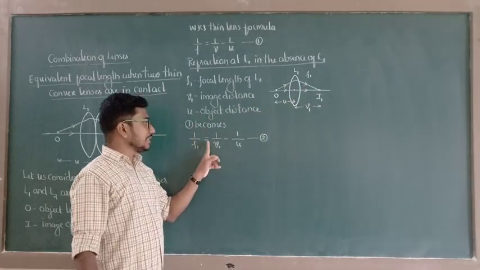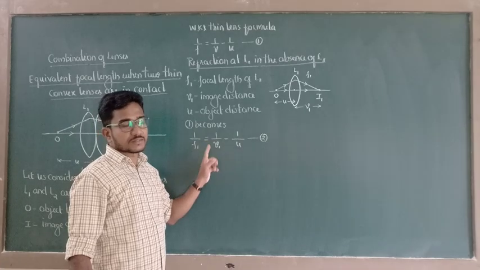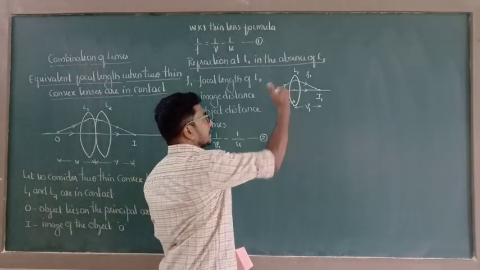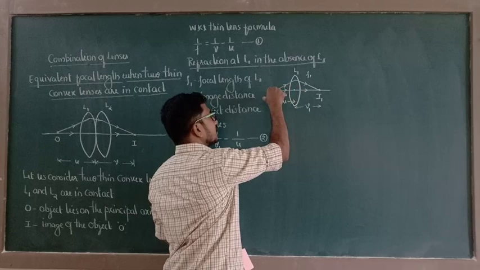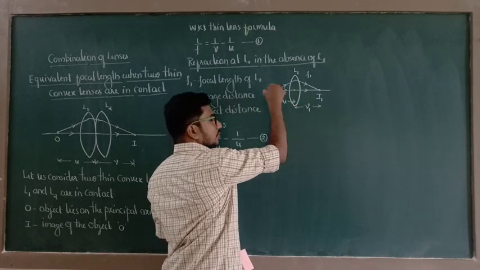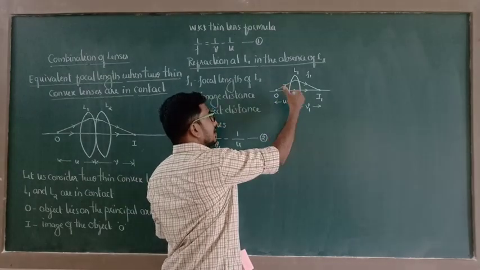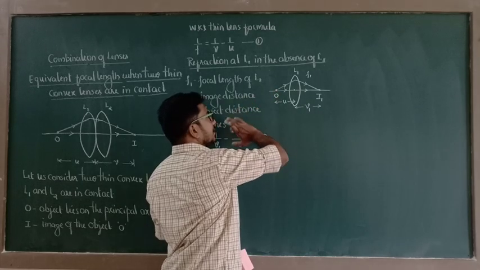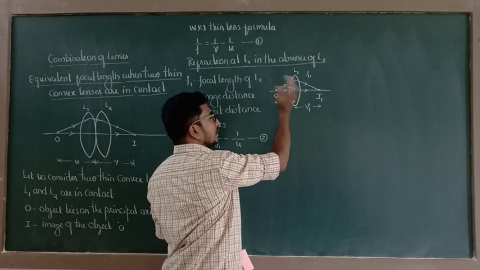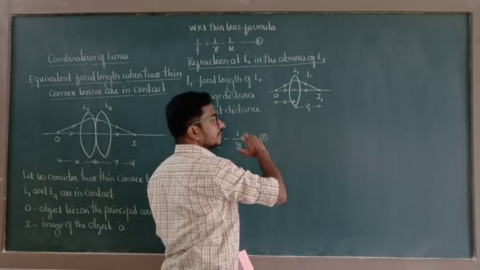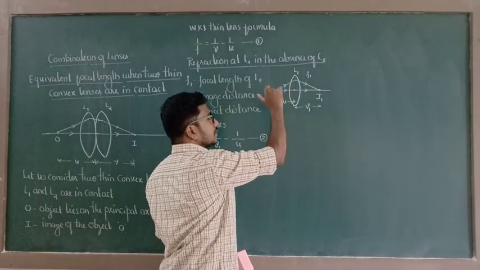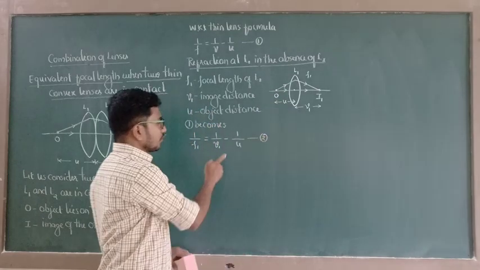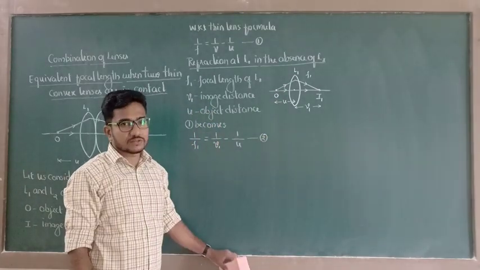Therefore, V1 is in terms of positive sign. Distance between optical center and position of the object is known as object distance, and direction of measurement is right to left, and direction of incident light beam left to right. So both are in opposite direction. Therefore, this U is in terms of negative sign.